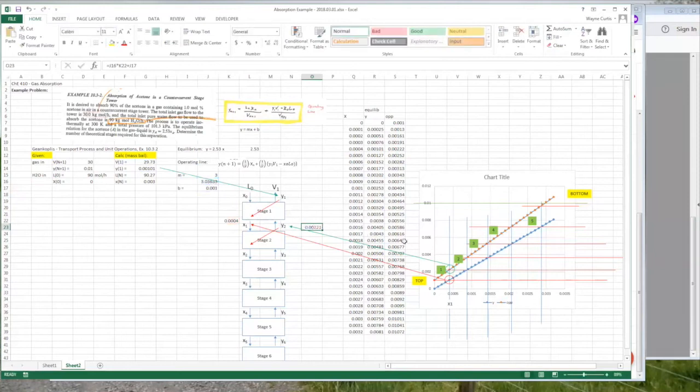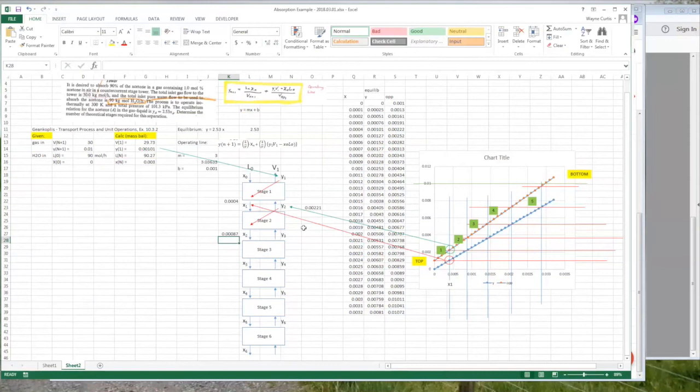You can then walk down here, and from each of these, when calculating across to the equilibrium, the liquid exiting stage 2 is simply that y value divided by the equilibrium constant as well. And successively, you can calculate.